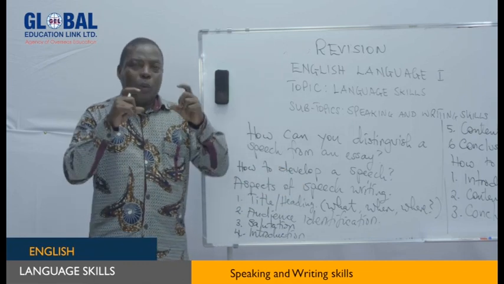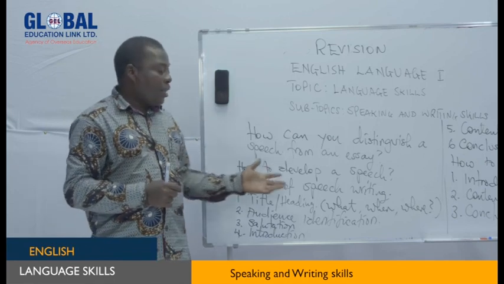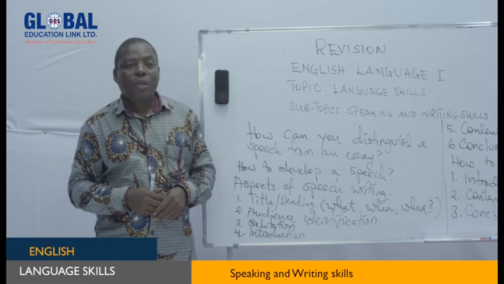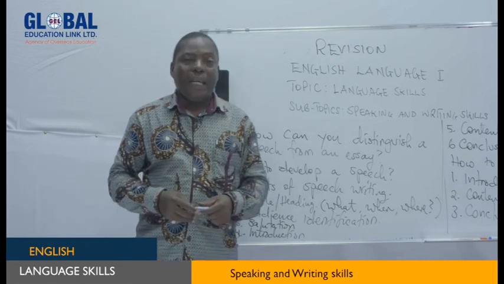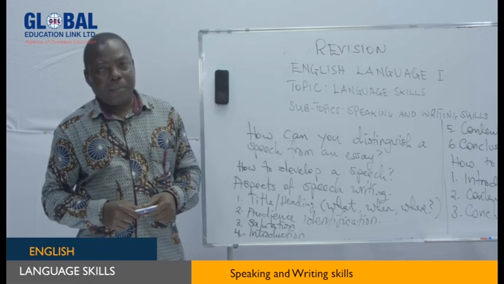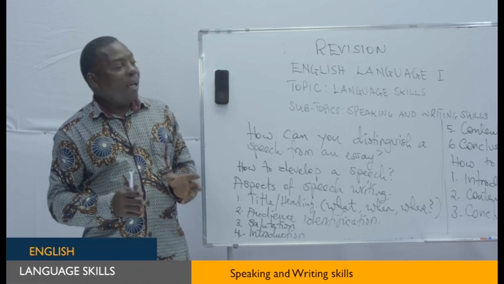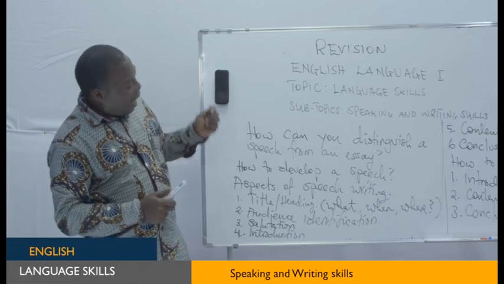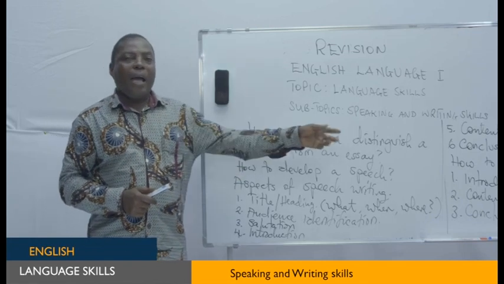When we want to make an executive summary or summarize the points that were made in a speech, we can do the same when we are writing an essay. So in this, we can see how a speech can be different from a normal essay.